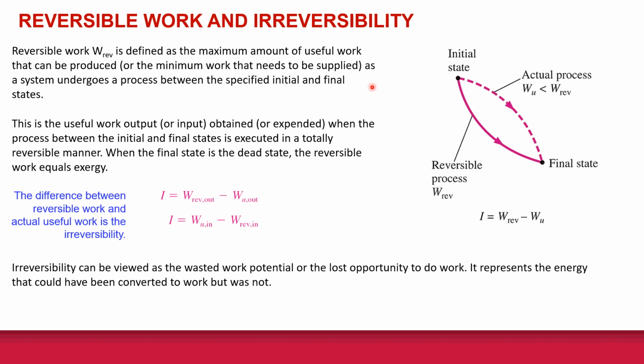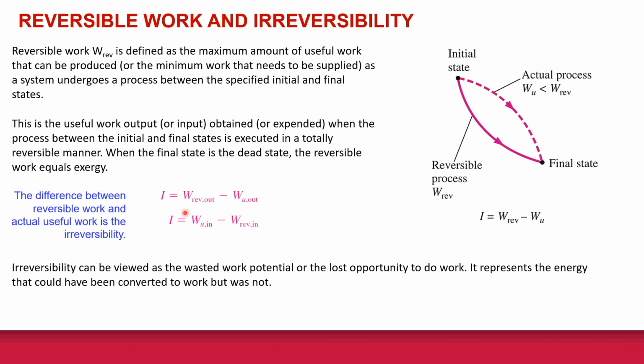This is what's known as the useful work output or input, depending on which way you're going with the engine, when the process changes state between two separate states. When the final state is the dead state, the reversible work equals the exergy.